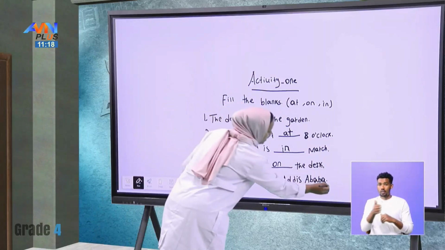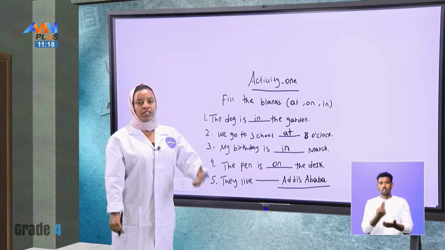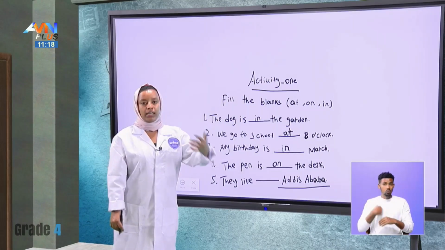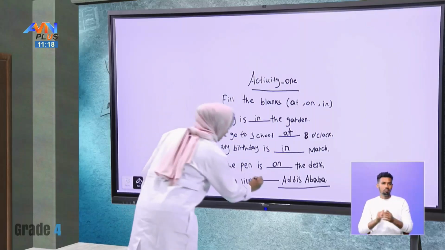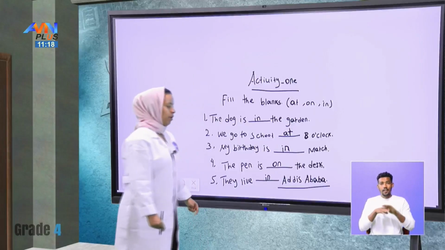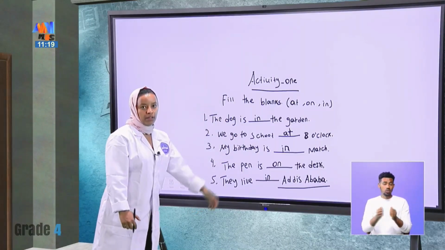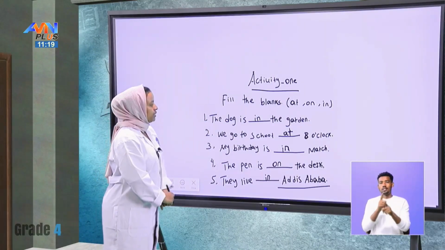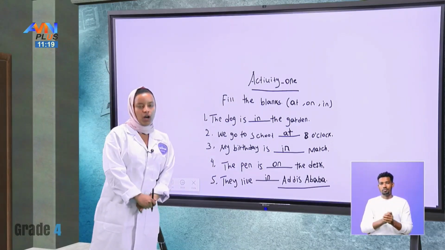Addis Ababa is a big city, so we can use in, because we said we can use in for general places and time. So let us say they live in Addis Ababa. Let me read the questions together with their answers. The dog is in the garden.